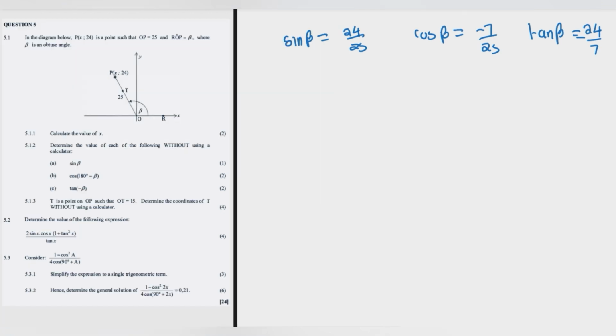So for T of x, how do we define it? Again, we have cos of beta is equal to T of x over OT. We know that our OT is 15, so we're just going to substitute over 15. Cos of beta, how do we define cos of beta? Remember, the big triangle and the small triangle share a common angle, which is beta.